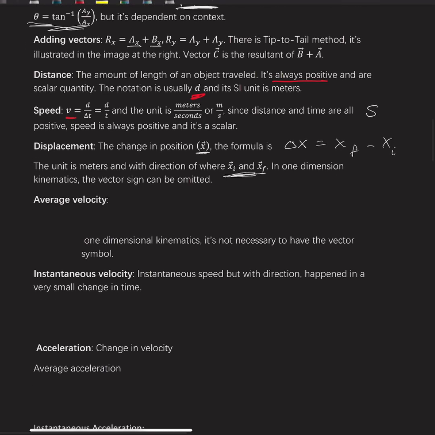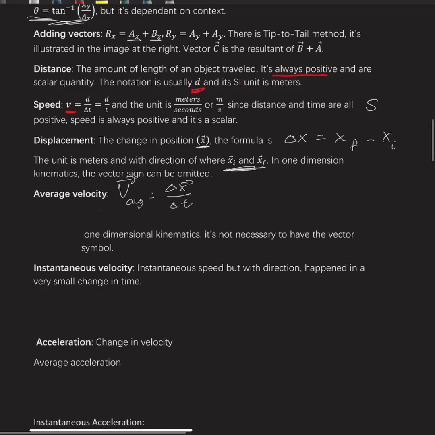And average velocity. So velocity average, v average, is equal to change in position over change in time. This is a vector. It's one-dimensional kinematics, so you don't need to worry about the vector symbol here, but you can if you want to put it.